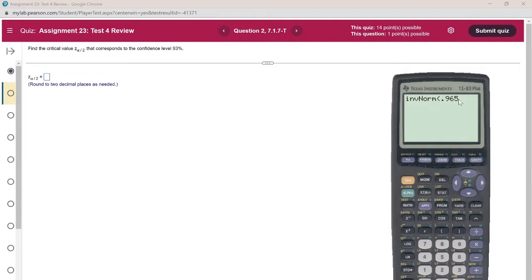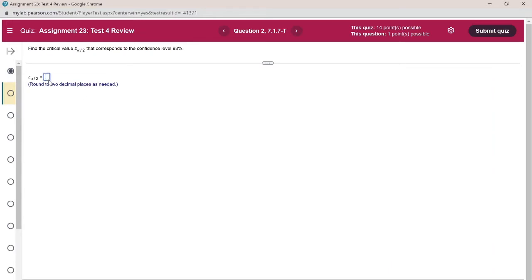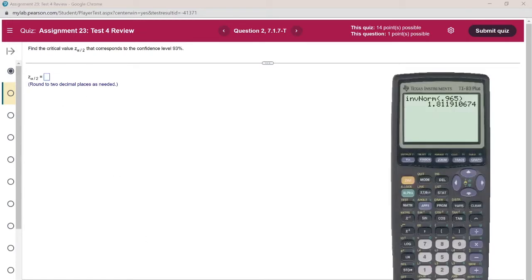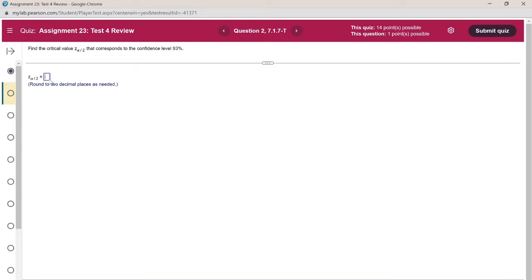Remember, 0.965 is the area under the curve to the left of this z-score. So that is 1.8119. If you round it to 2 decimal places, it would be 1.81. So let's check the answer. That's right. Let's go to the next problem here.